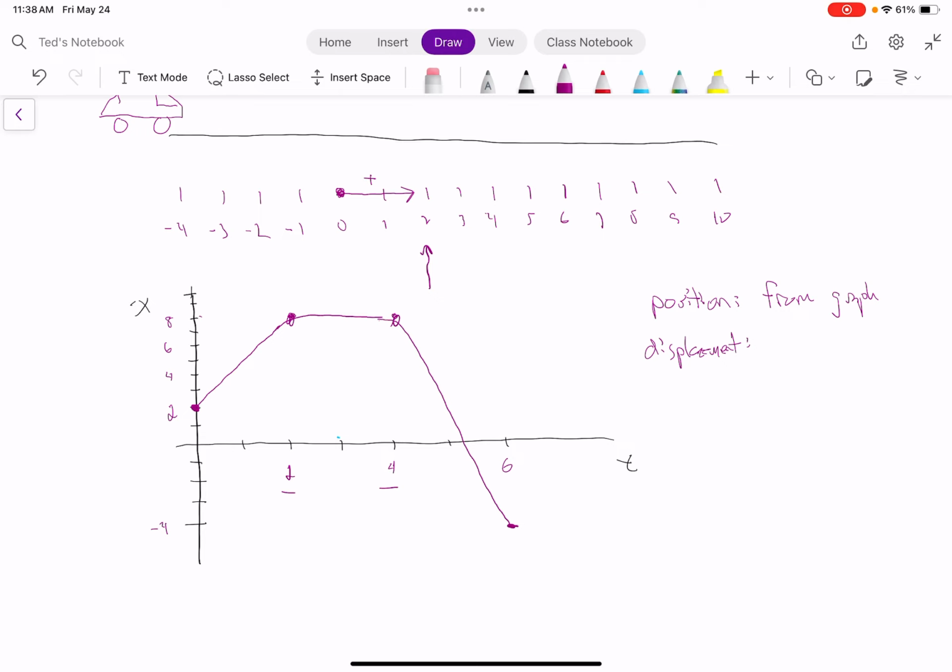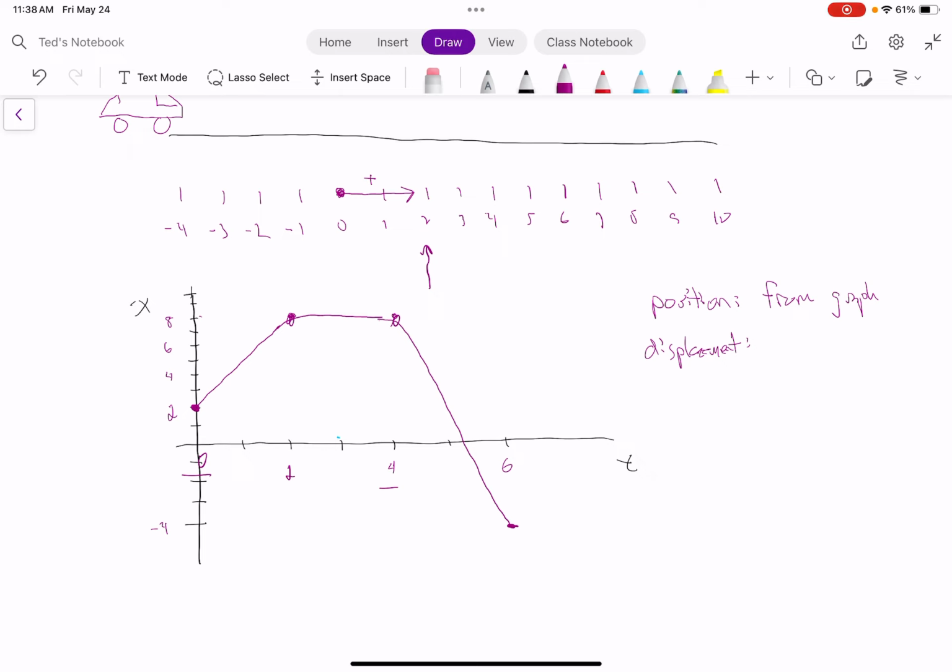If I wanted to know the displacement from 0 to 4 seconds, my final position would still be 8 meters, but my initial position would be 2 meters, so 8 minus 2 would be 6 meters.